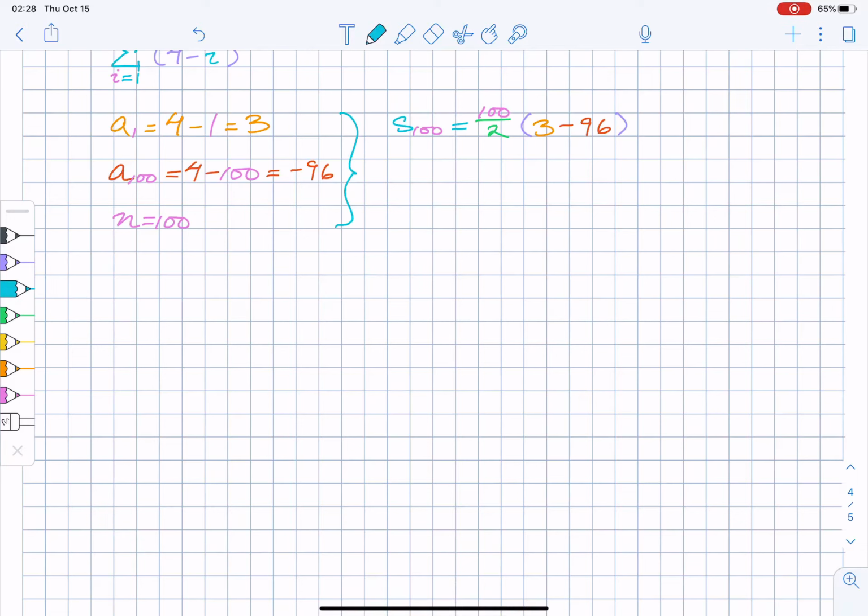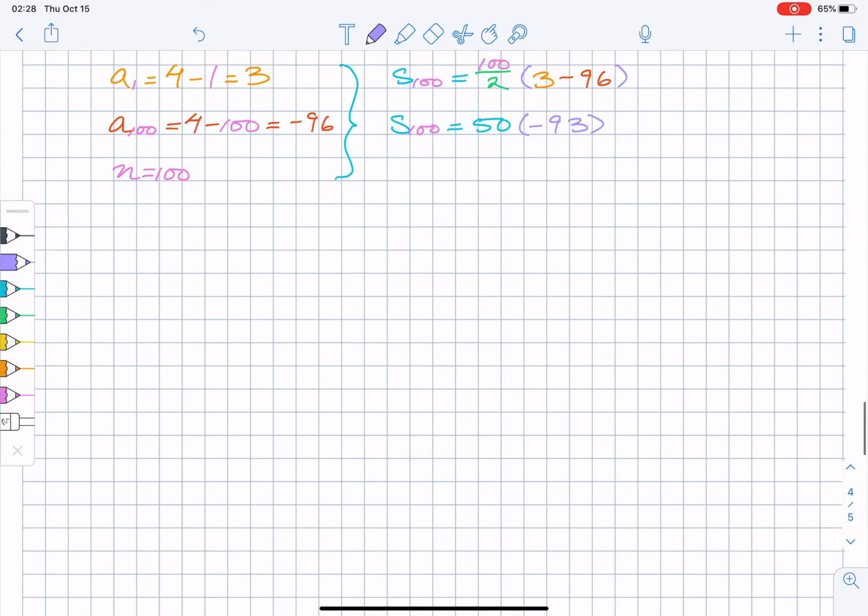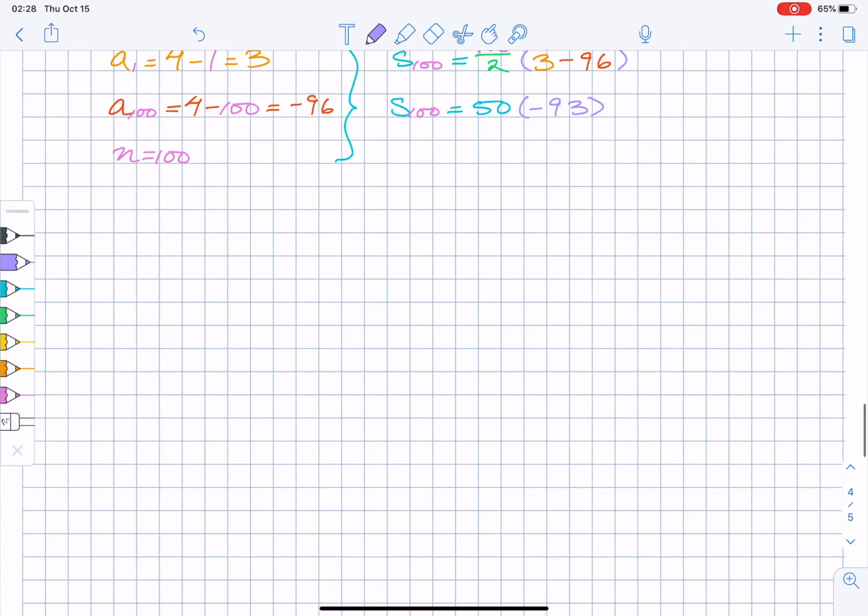So the 100th partial sum for that series is going to be 100 over 2, which is 50, times 3 minus 96, which is negative 93. Okay, so once again, let's figure this out. We'll have 93 times 50.